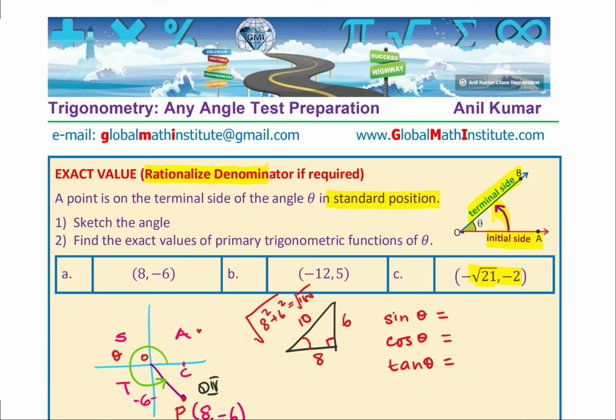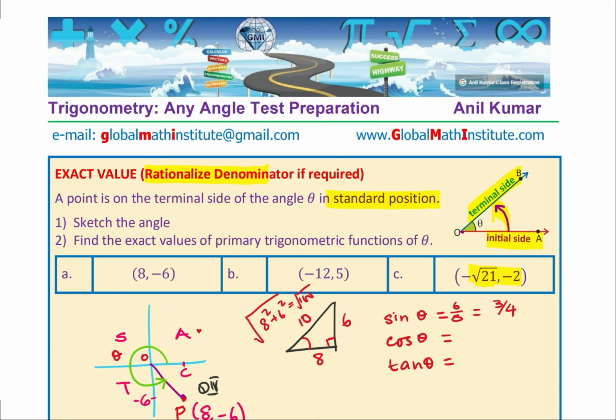So you could find the angle theta using any one of these ratios, right? So sine theta, as you can see from here, is 6/10, right? It is important to simplify it to the lowest term. So your answer should be 3/4. You get the idea. Divide them by 2.